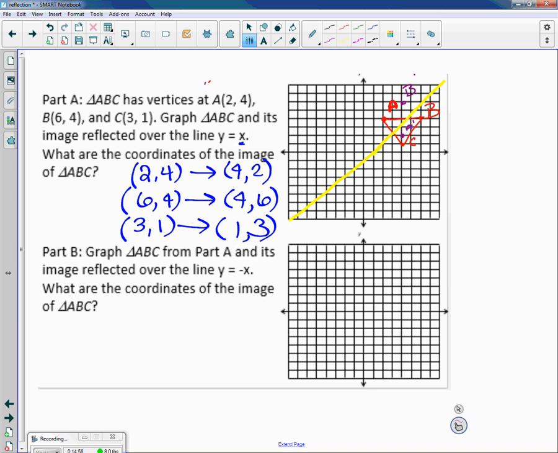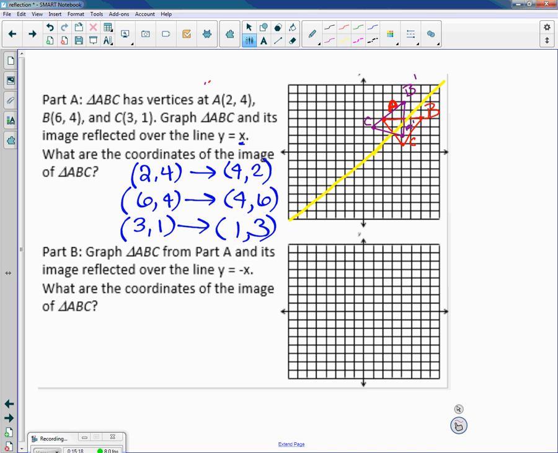This is where B prime would be. And C is at 1, 3. So you would go to the 1, and that would be my new graph. And it looks crazy.